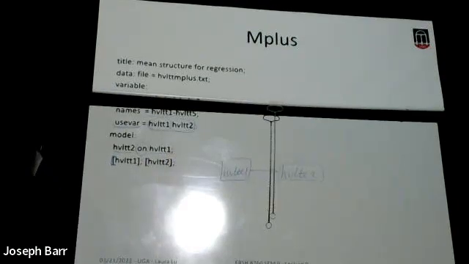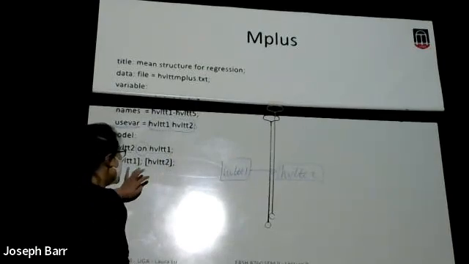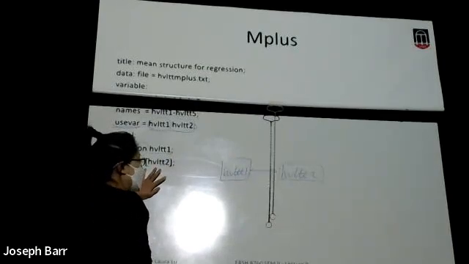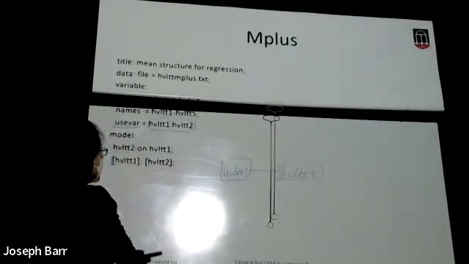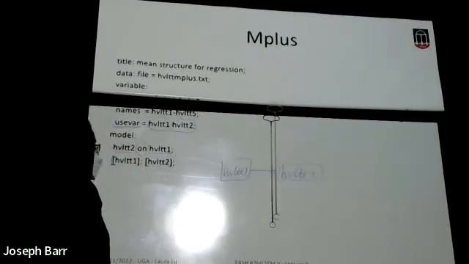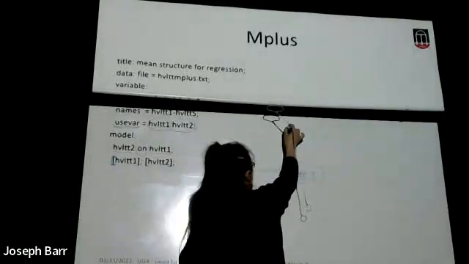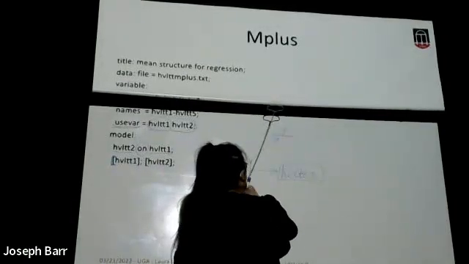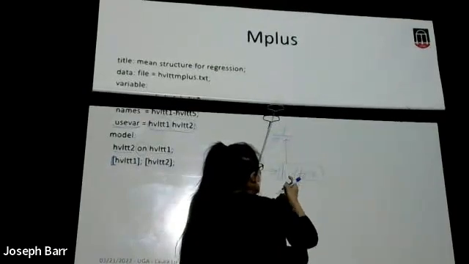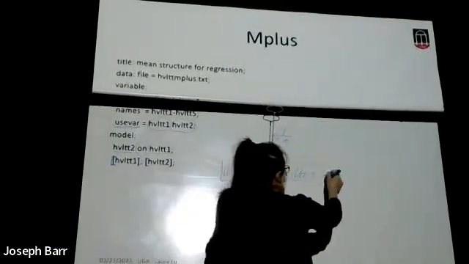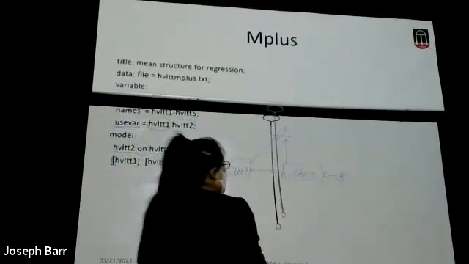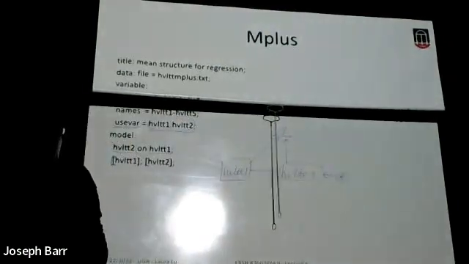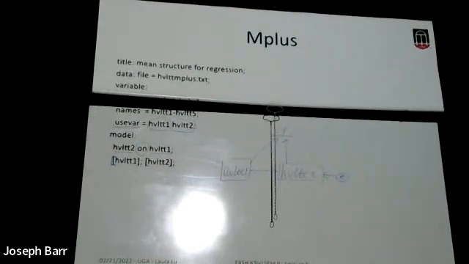We want to look at the mean of HVLT1 and the mean of HVLT2, in addition to the variance part, so I add the brackets to check the mean. So we have the triangle here. We have the mean for HVLT1 and the mean for HVLT2. Of course, we have the residual. This is just a simple linear regression. So that's our M+ code.